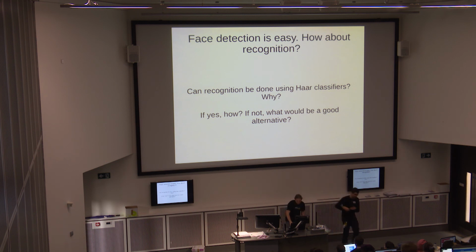So you can do face recognition using Haar classifiers, and this was supposed to be a brainstorming bit, but the reason is you can only detect kind of generic features using Haar classifiers, stuff like the chin and the eyes, and the difference between pixel intensities.